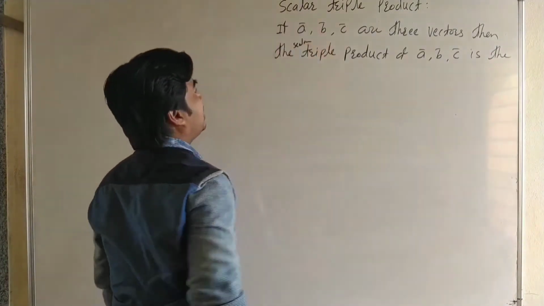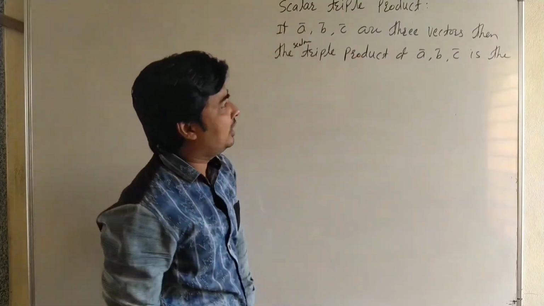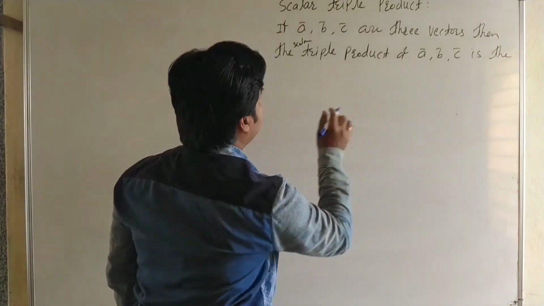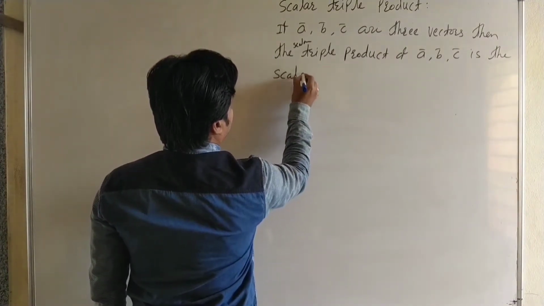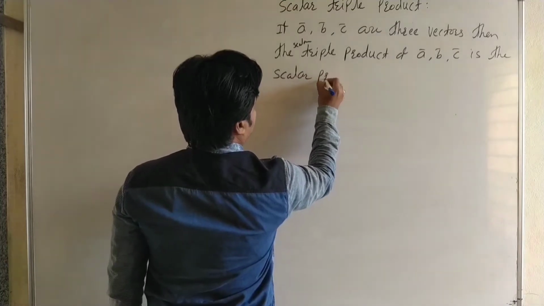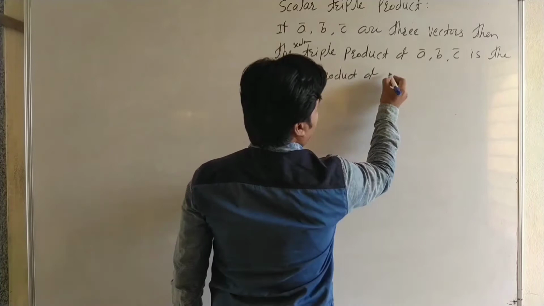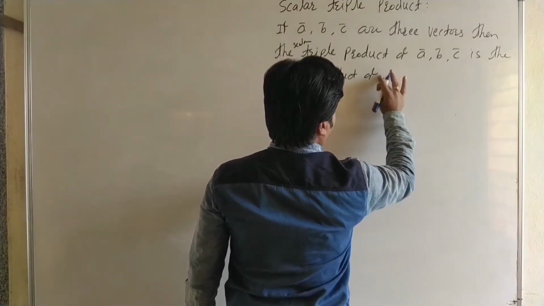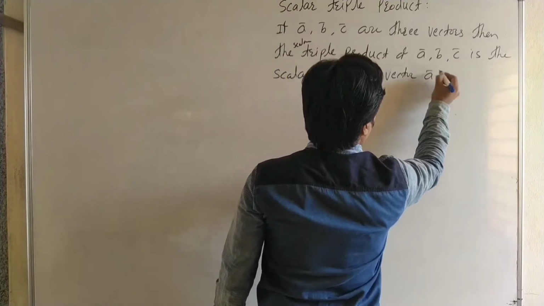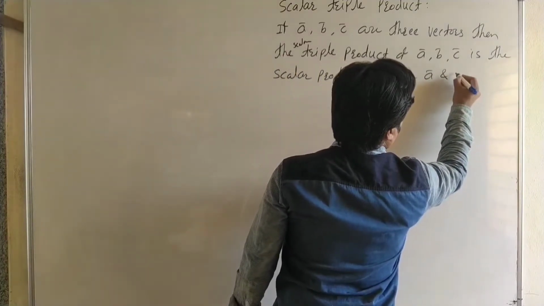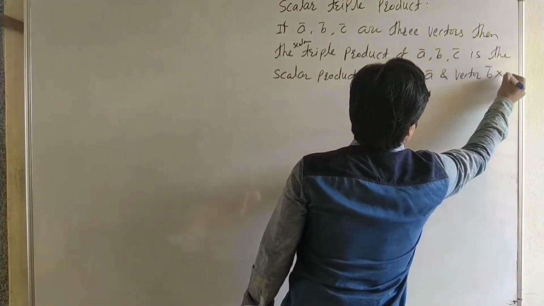The scalar triple product of vectors a bar, b bar and c bar is the scalar product of vector a bar and b bar cross c bar.